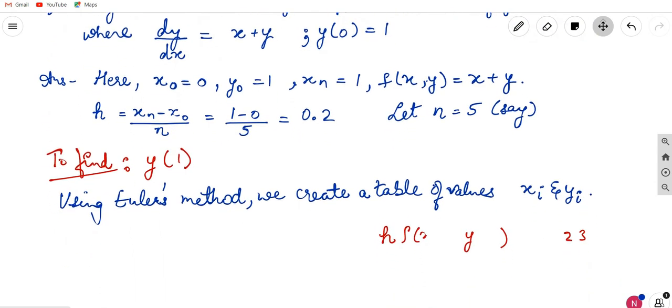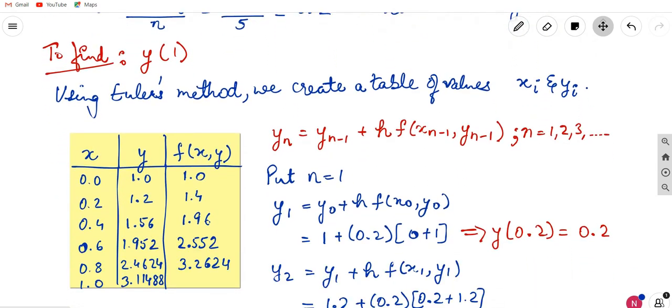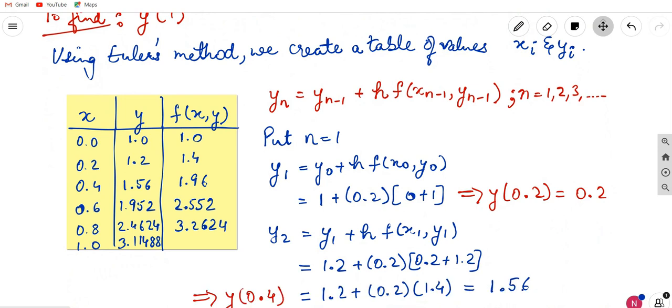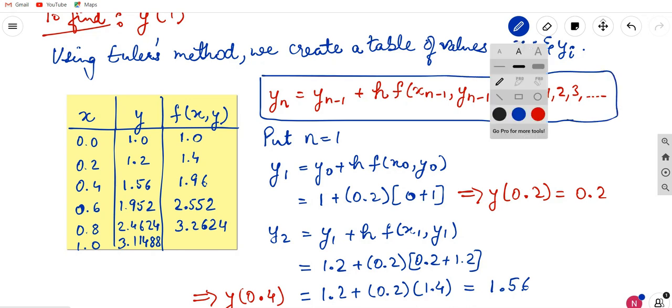I have to find y1. So using Euler's method, I have created a table of the values of xi and yi using this formula that yn is equal to yn minus 1 plus h times f of xn minus 1, yn minus 1, and I'll substitute the various values of n here. Now, how could we find out the first value?